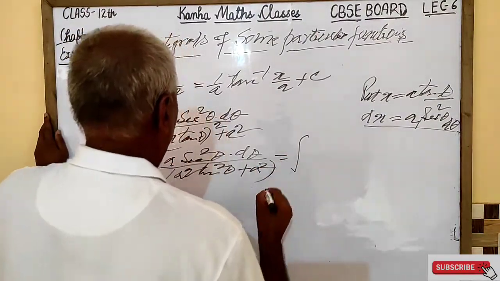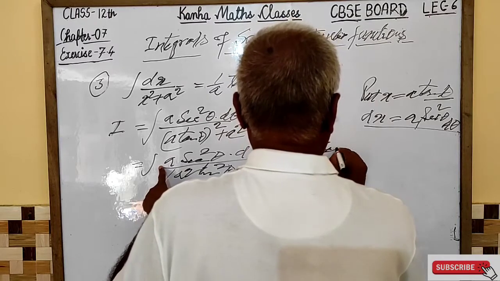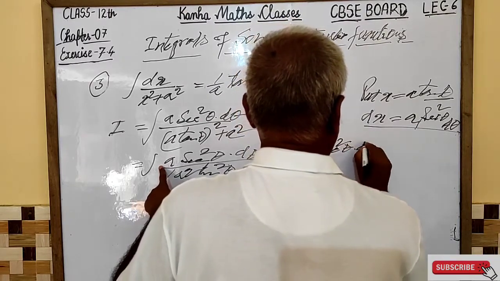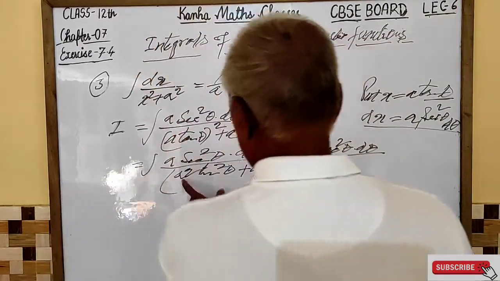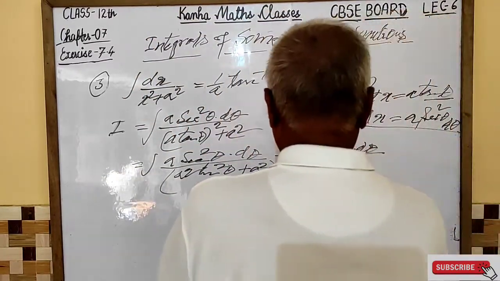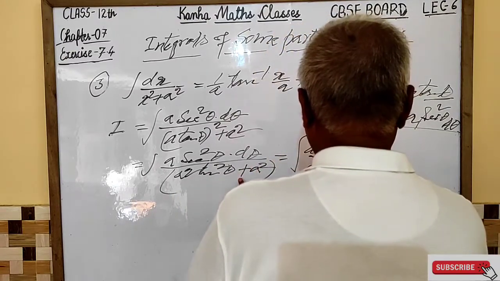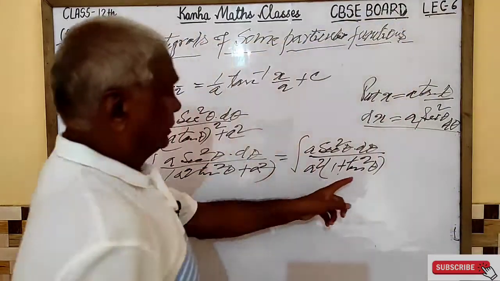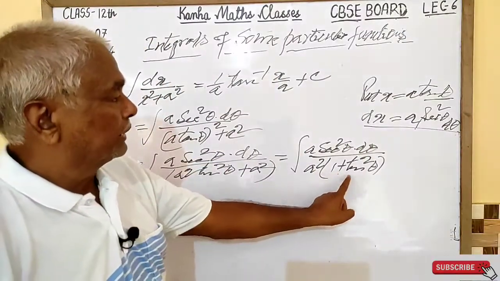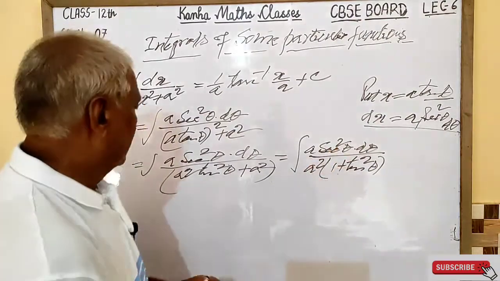Now a sec square theta d theta, if you take common in denominator a square, you will have a square within the bracket 1 plus tan square theta. Very easily you may say this 1 plus tan square theta will always become sec square theta.